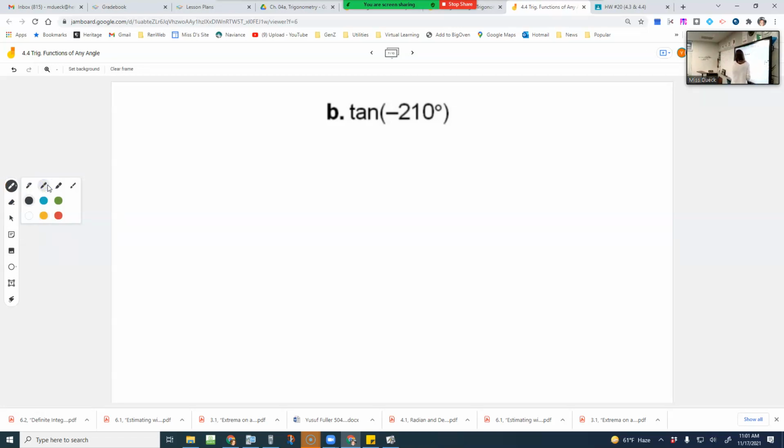150 degrees. How'd you get there, Ryan? You add 360. Oh, so he's actually like reference angling. He's like, oh, hey, the closest thing to 210 is, oh, careful, if you add 360, you'll get 150, and then that lands you in the 2nd quadrant. Yeah, that works. Or you could go -180 and then go a -30.